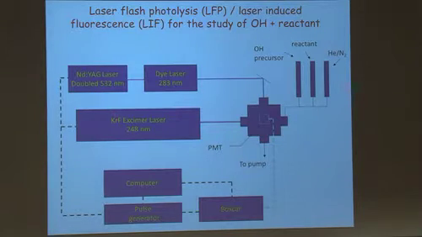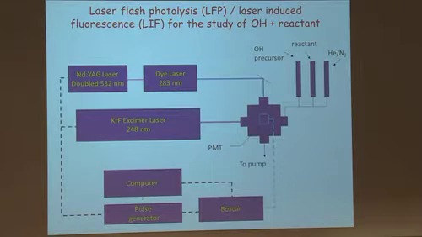Okay, so a pulse of light generates OH at time 0. It then reacts with the reactant, and we probe it at a particular time using this dye laser, and we probe it by looking at the fluorescence, so what's called laser-induced fluorescence. So this is a laser flash photolysis, or sometimes called pulse laser photolysis, laser-induced fluorescence technique.